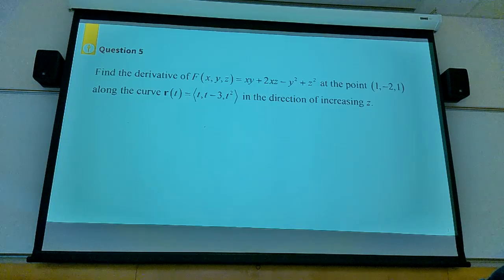So first, let's focus on finding the gradients.